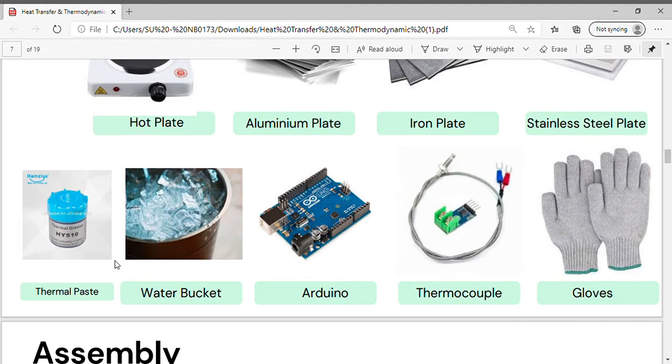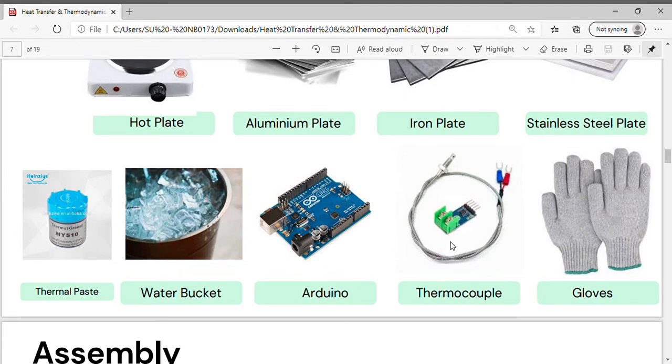And then to have a higher effectivity of conduction, we use thermal paste to make the plates stick to each other. And then we need a water bag, so the sandwich of the materials that are combined is able to reach steady state.